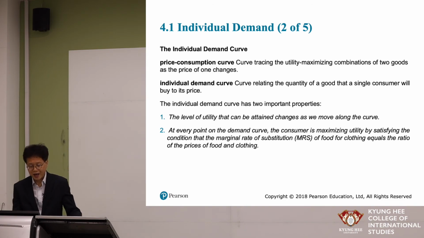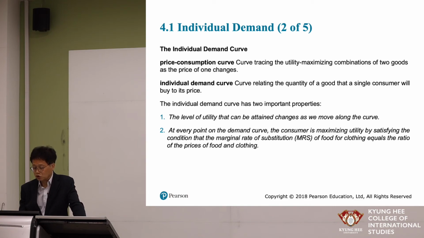Number two, at every point on the demand curve, the consumer is maximizing utility by satisfying the condition that the marginal rate of substitution of food for clothing equals the ratio of the price of food and clothing. In other words, these earlier 3 points should be optimal consumption bundles of two goods, the solution of the utility maximization problem.